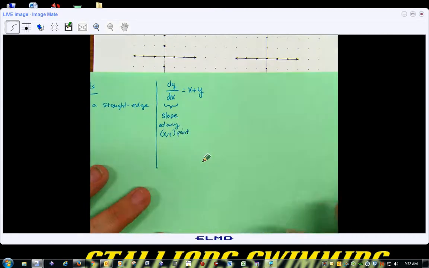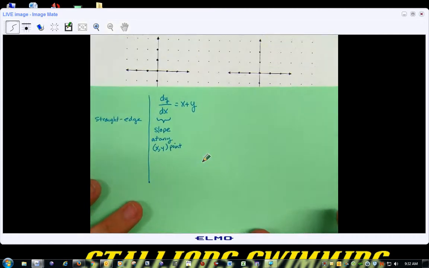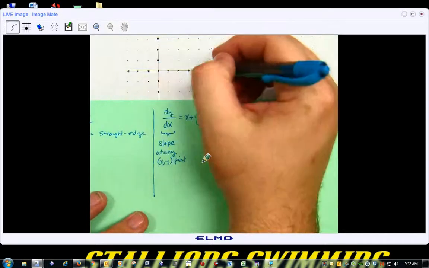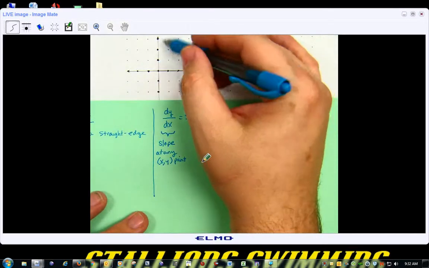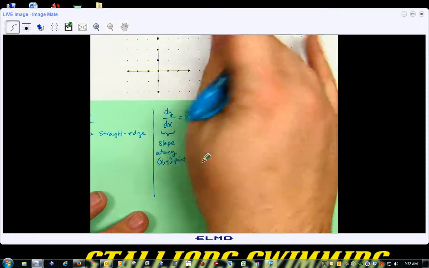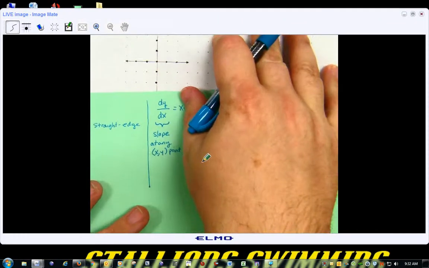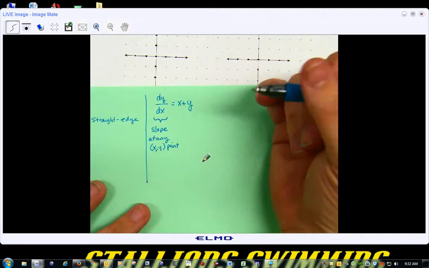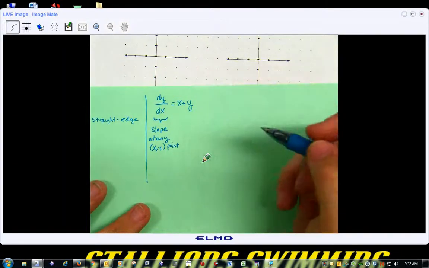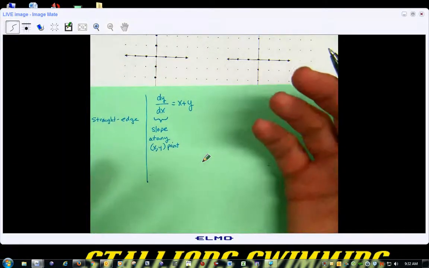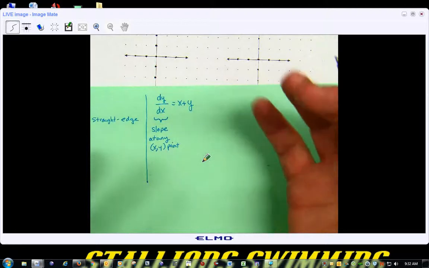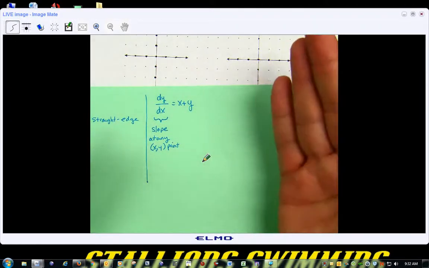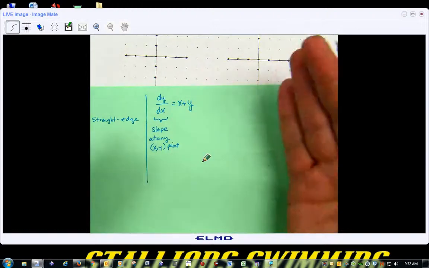Now, since we're going from -3 to 3 for x and -3 to 3 for y, there are a lot of different points up there. The best way to do it is, one, creating a table, and two, doing everything sequentially.